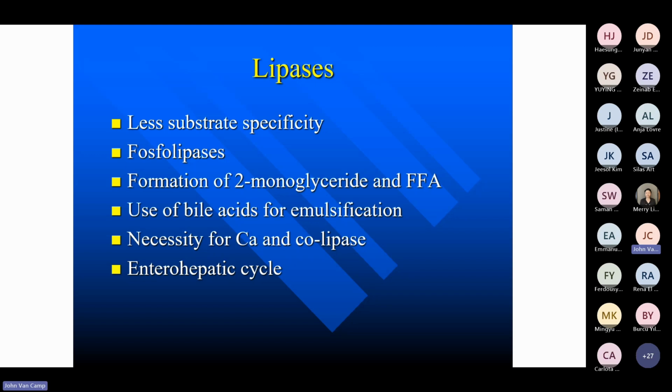It will be very slow because the interface is not that large. The enzyme needs to migrate to the interface, needs to attach, and then needs to break down the substrate. So it is a very slow process, which probably would mean that lipids will not be digested in time, and part of them will go to the colon.